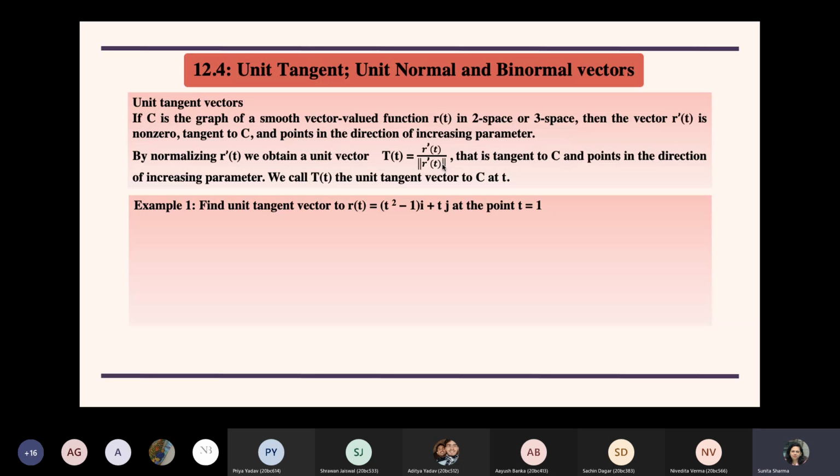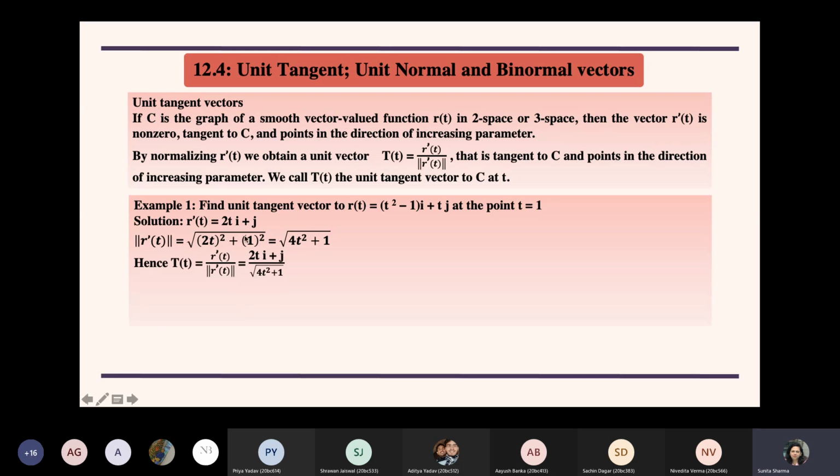So I'll just give it for everybody. R dash is 2t i plus j, and norm of r dash is root of 4t square plus 1. So you just take the components and take their squares. So as I said, you can start from the very beginning itself. You can put t equals 1 throughout and find these values, or you can keep it in terms of t till the end and then put back t equals 1. Whichever way you want to proceed, you can do.